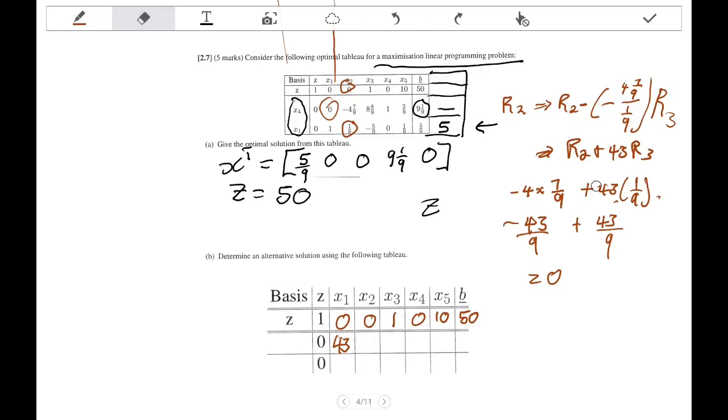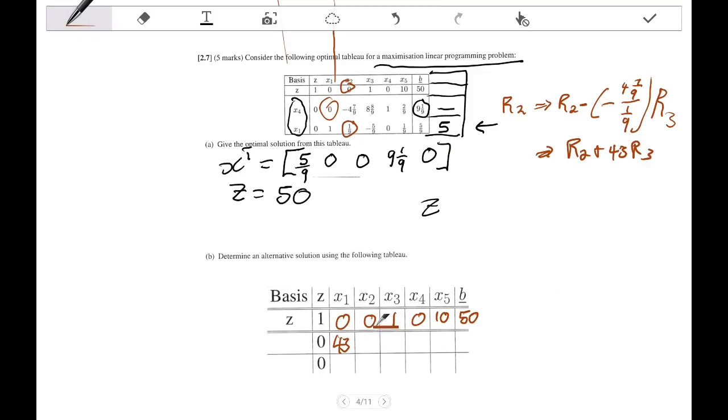Then you are going to do the very same thing for the rest of the row. Then for the next row, this is 0 here. For the next row, after operation, you are going to get 37 over 9. The next, it's 1. Next one is 5. Next is 33.